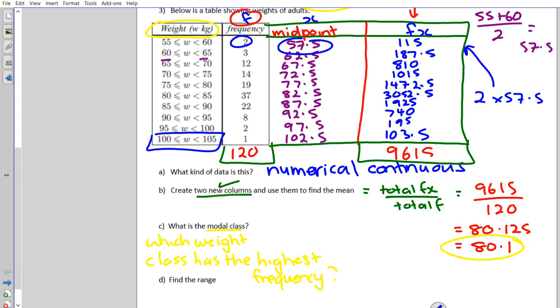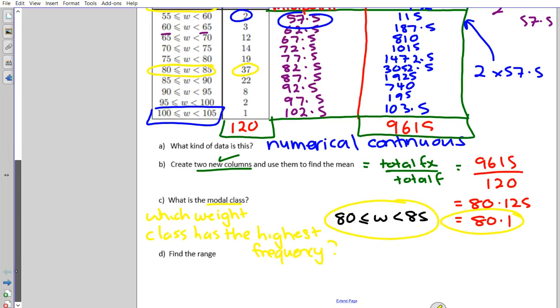So look to see where is the highest frequency on your little table. That's right, highest frequency is 37. That's not the answer. The answer is the weight class. They ask which weight class has the highest frequency. So write out exactly what they've got. 80, weight greater than or equal to 80 and less than 85. That's the weight class. That is the mode.